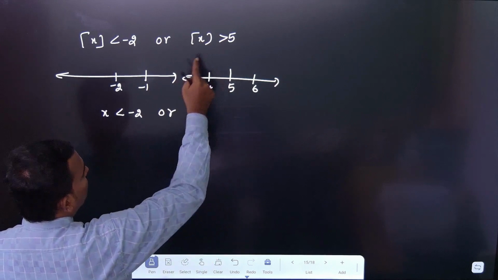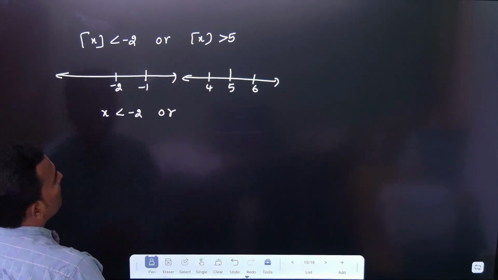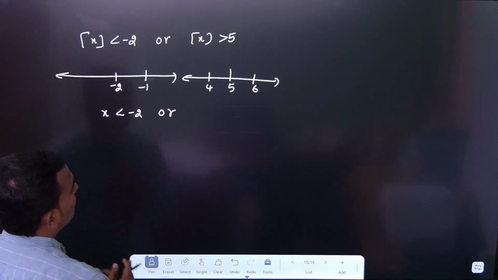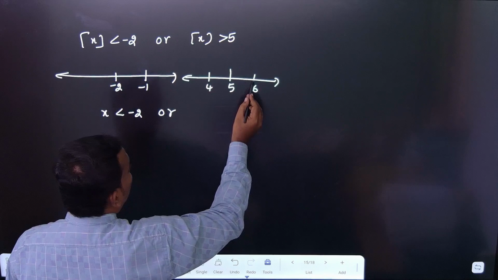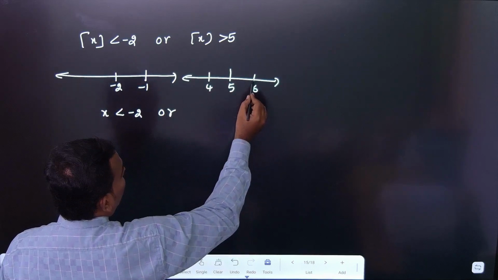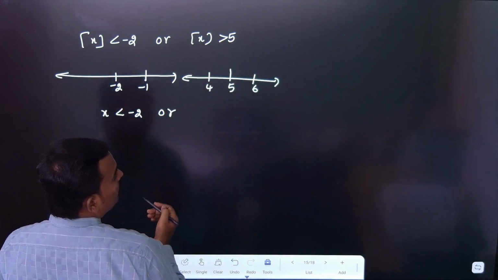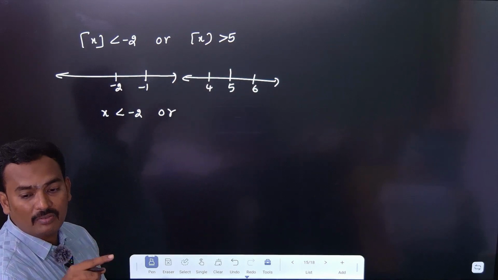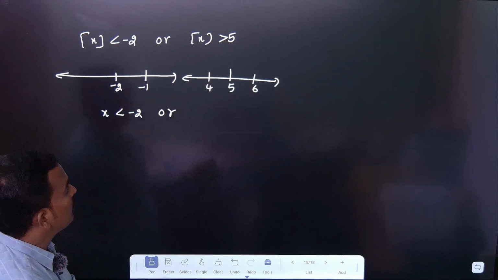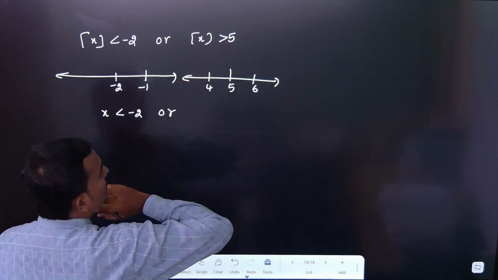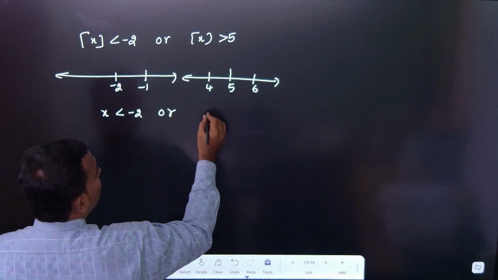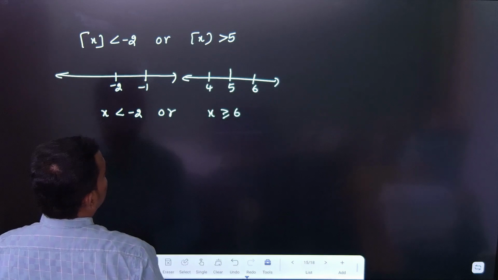The greatest integer function of 4.5 is 4. Is 4 greater than 5? No. So you have to take from 6, right? If I take 6, 6 is greater than 5. But 5.5, no. The greatest integer of 5.5 is 5, so 5 greater than 5 is not possible. Therefore, you have to take from 6. x is greater than or equal to 6.